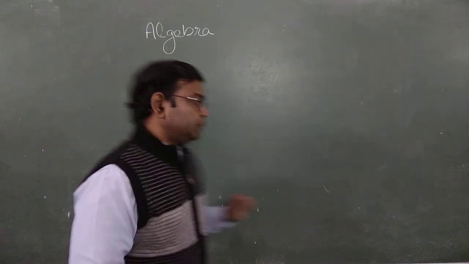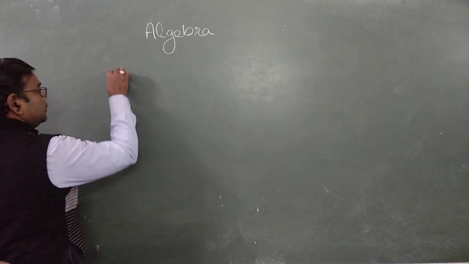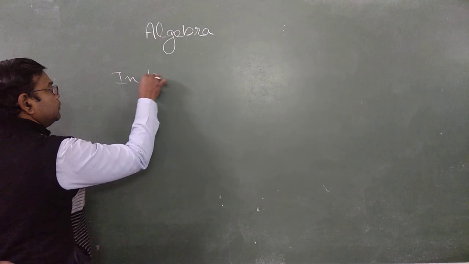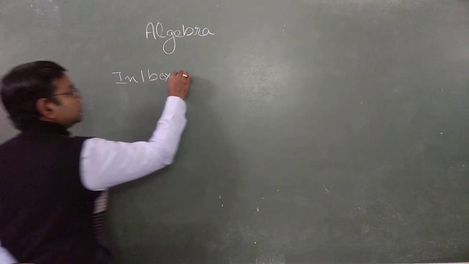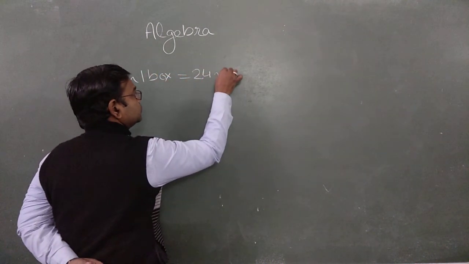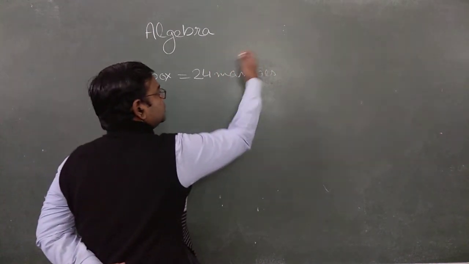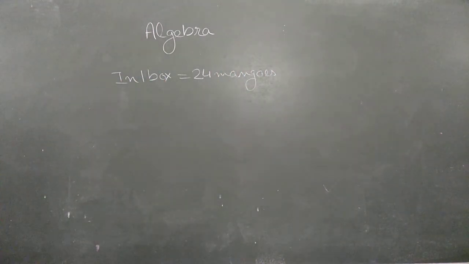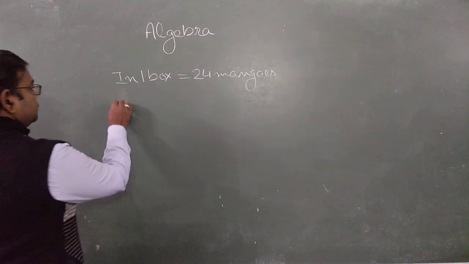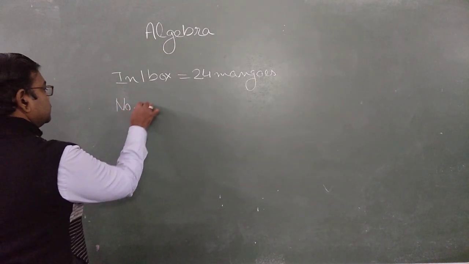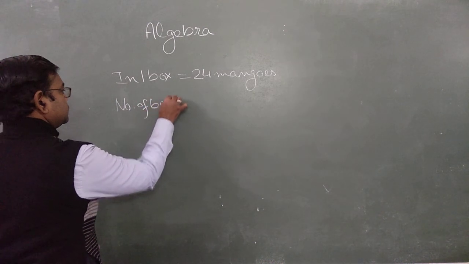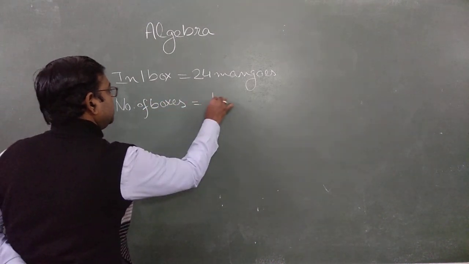So let's start. First we write down what is given. In one box there are 24 mangoes. Suppose this is given. In one box there are 24 mangoes. Number of boxes equals B, as it is given in the question.